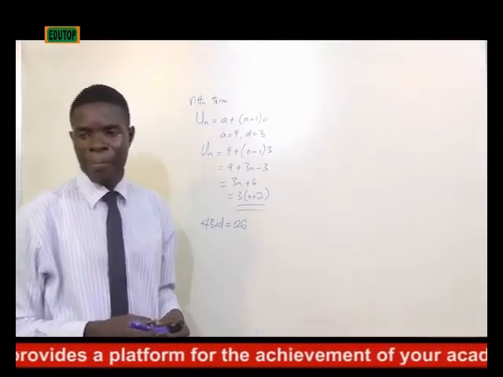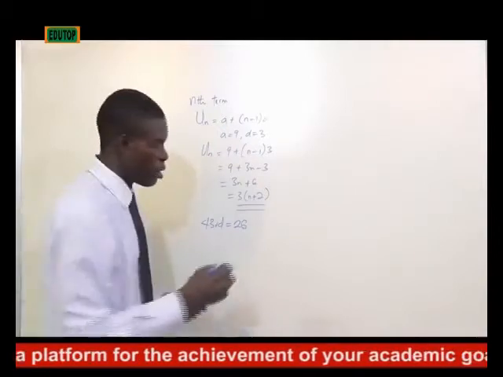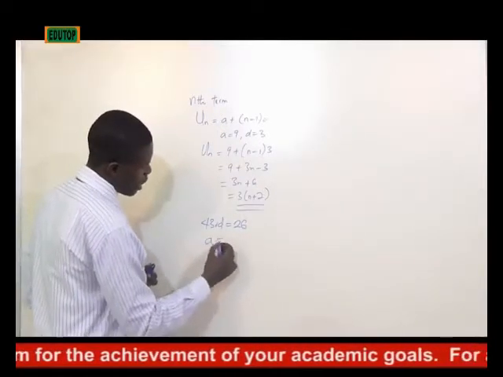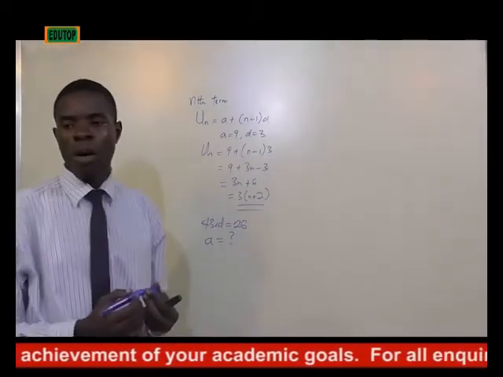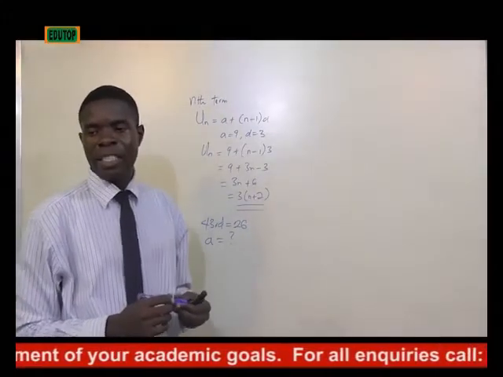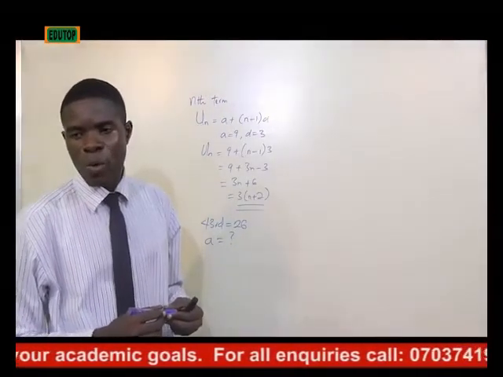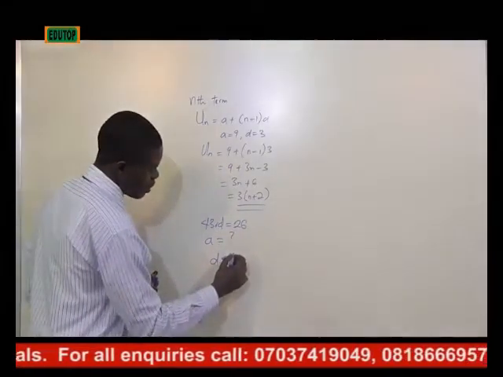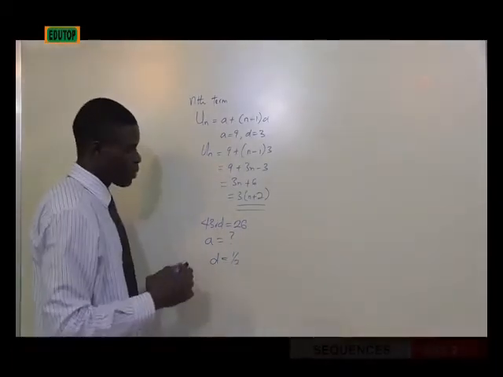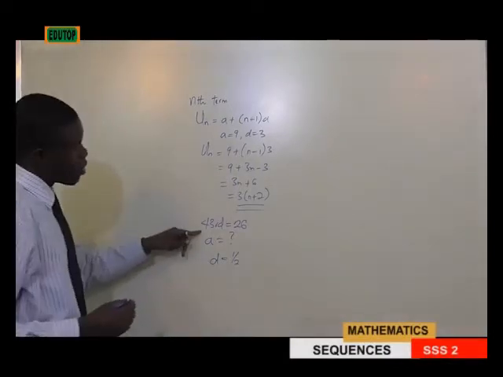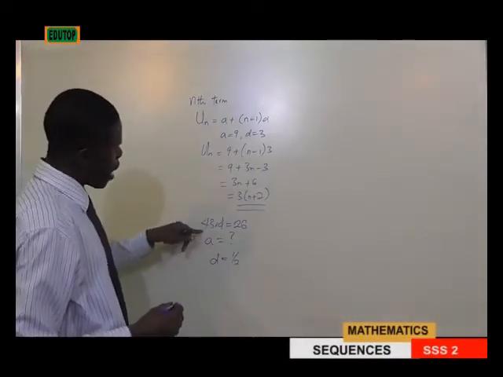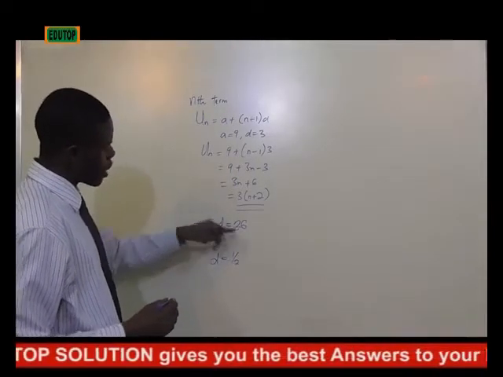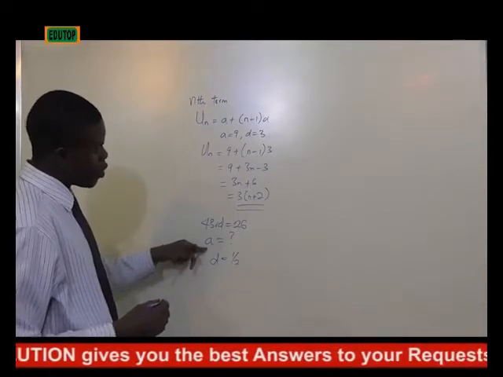Find the first term of the progression. You are asked to look for the first term, which is unknown, of the progression, given that its common difference is 1 over 2. Here, we are given the 43rd term, and A is unknown.